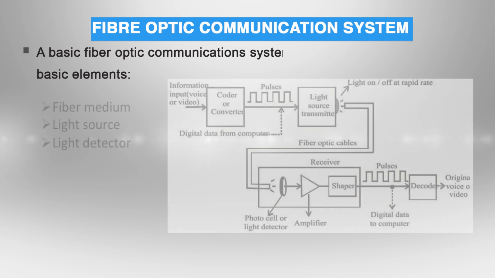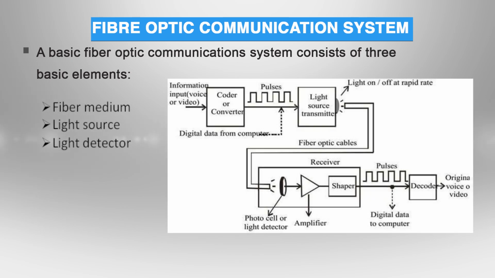Now, let us discuss the fiber optic communication system. An optical fiber communication system is a system that uses light to transmit information over long distances through optical fibers. The basic operating principle of a fiber optic communication system involves a few components. First component is signal generation.